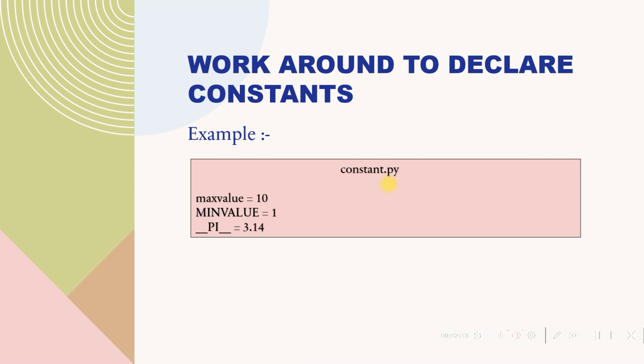One is the max value, with all the characters in small. Then the second one is min value with all the characters in caps. And then the third one is the value of pi, with all the characters in caps, along with double underscore in the prefix and suffix.